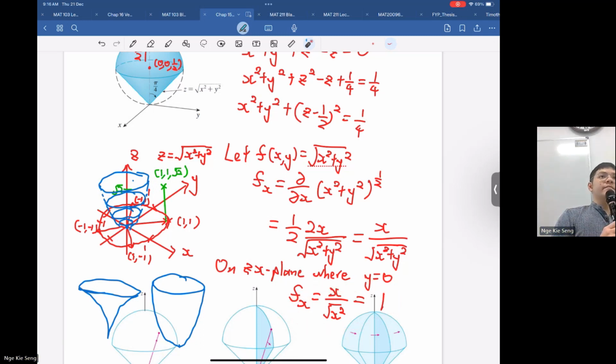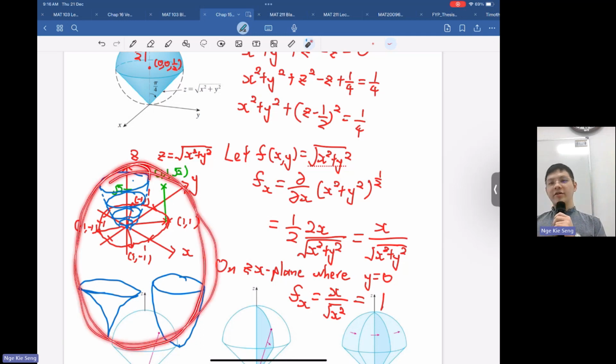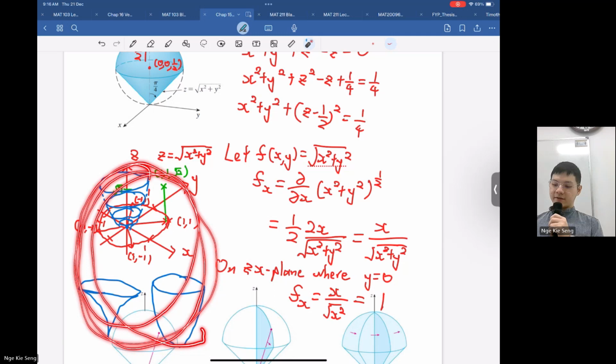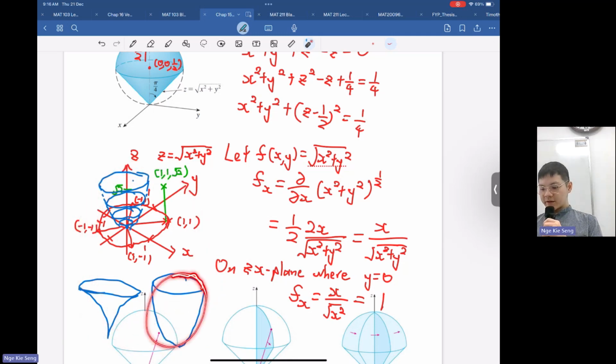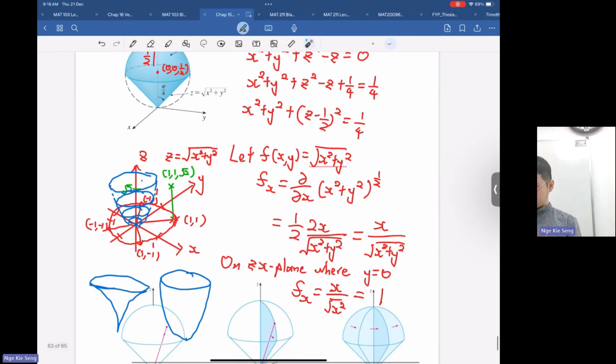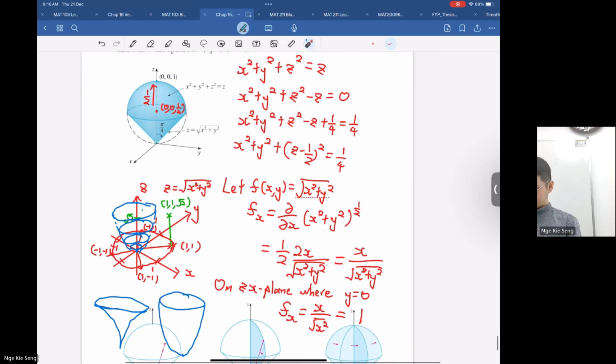Basically, these are the 3 types of geometry you can see in this world: spherical, hyperbolic, and flat. Okay, so we determine the cone already.